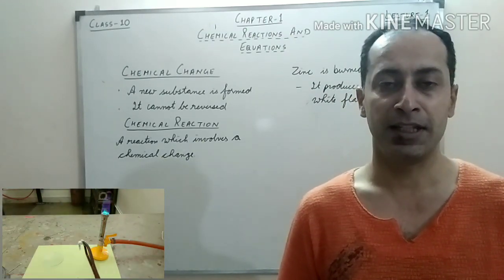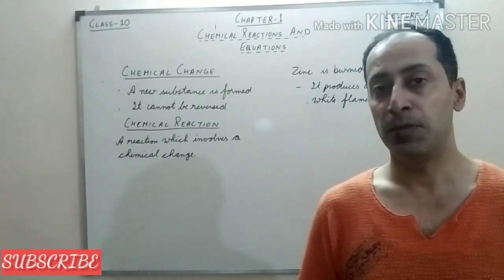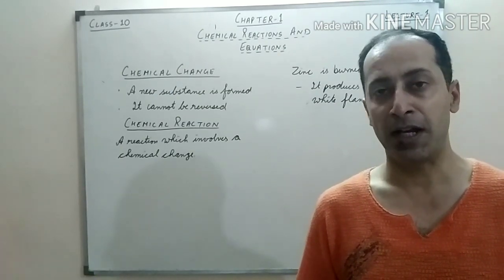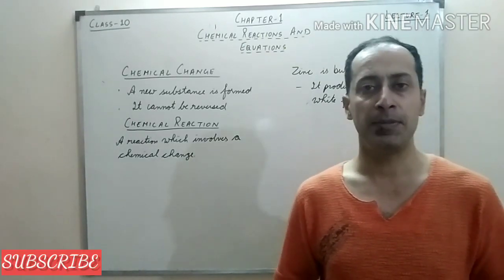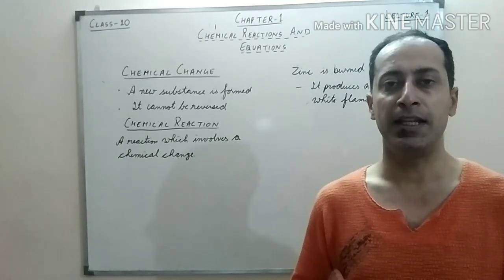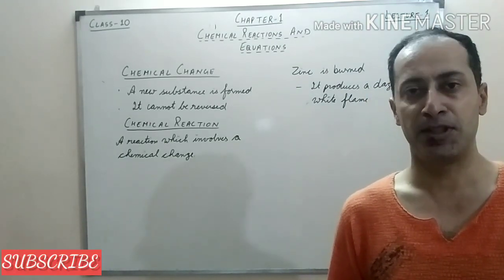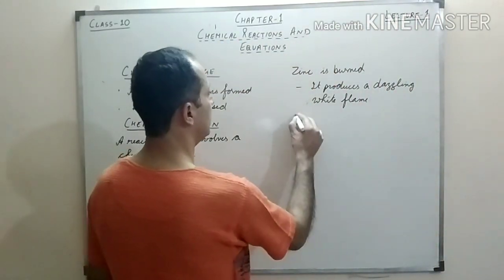But the only difference is there is no sound, there is smoke produced. Now, when you burn something, obviously it's a chemical change, so something new will be formed. When you burn something in the presence of air, the thing reacts with oxygen, right? So obviously here, zinc also reacts with oxygen during burning and it forms zinc oxide.